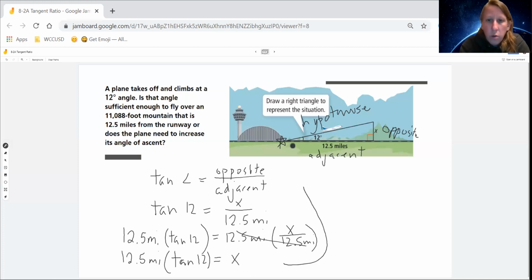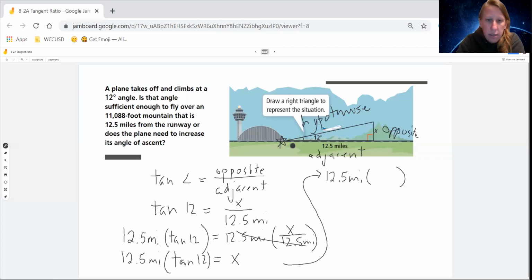I'm going to come do more work over here. So I'm 12.5 miles times whatever decimal we find out. I'm going to use a calculator because I don't have the table pulled up. And again, for a lot of phone calculators, you have to turn them sideways so that the scientific portion shows up.